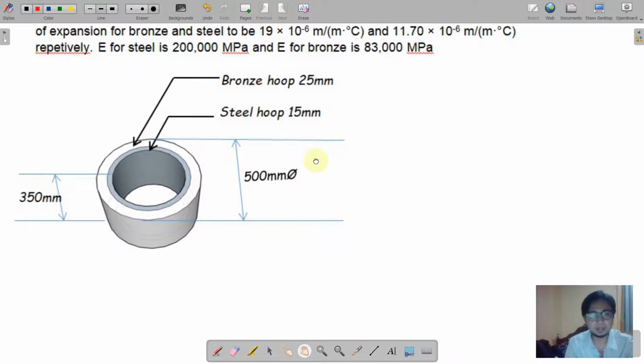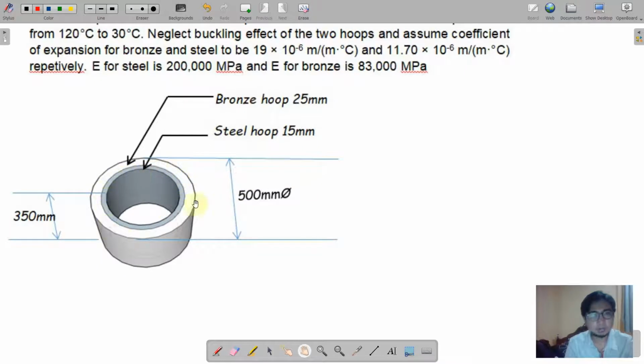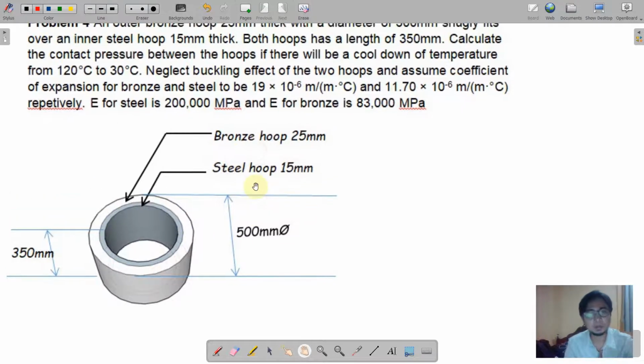So as we can see, if the bronze hoop and steel hoop snugly fits together on this system, once there will be a contraction on the material, there will be a pressure, contact pressure between these two hoops.